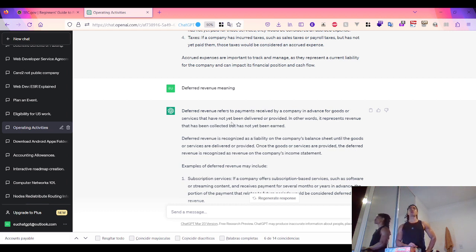Deferred revenue are payments that a company made in advance for good or service that has not yet been delivered.